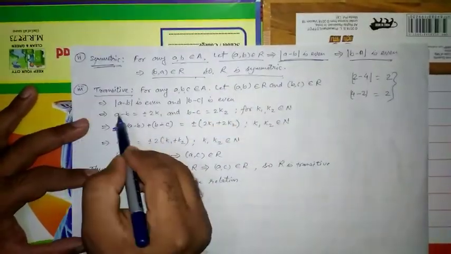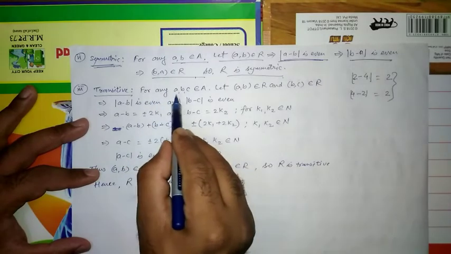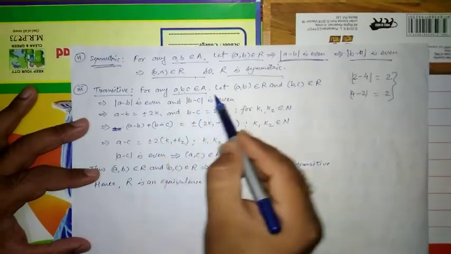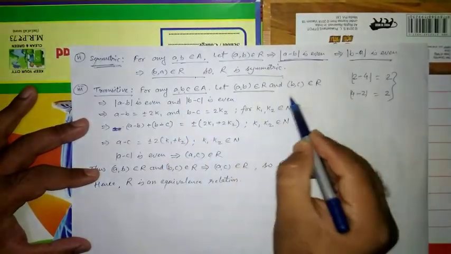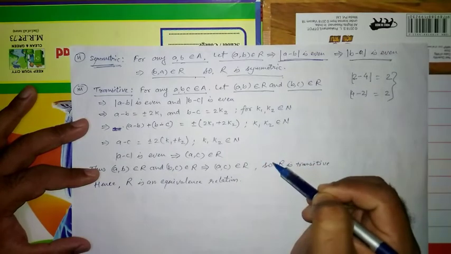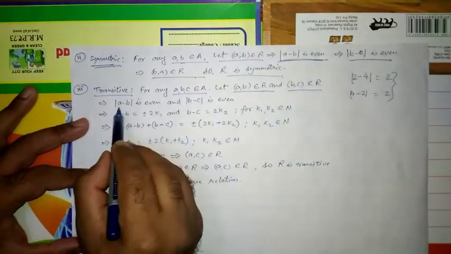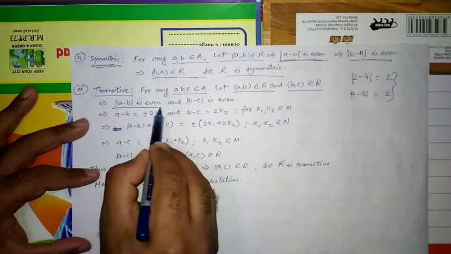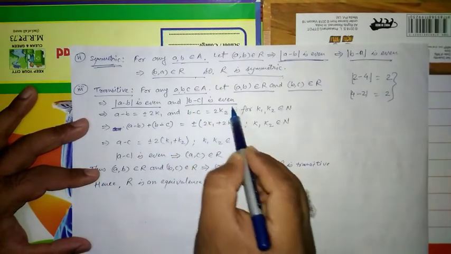Transitive. For any A, B, C belonging to A, let AB belong to R and BC belong to R. Then we can say A minus B is even and B minus C is also even.